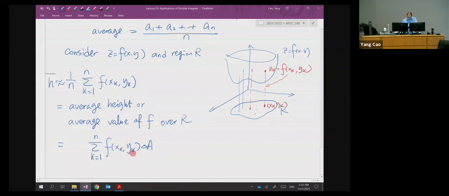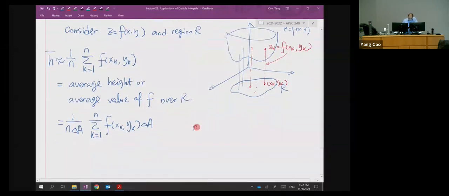Then if you multiply delta A here, you have to multiply delta A on the denominator so that they cancel each other, and we're not changing the expression. So what is n times delta A?